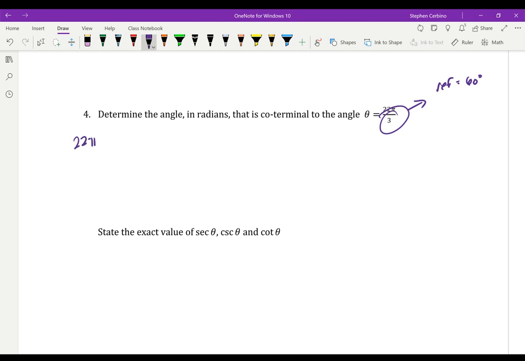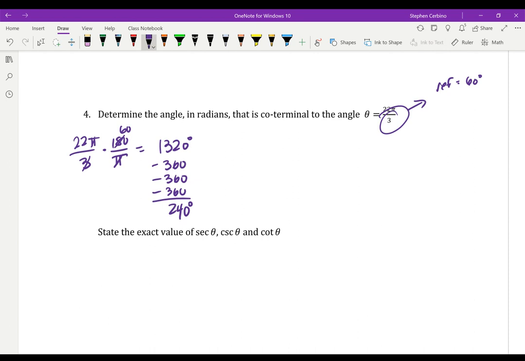But what I would do for this is I'd first convert this. So I'd say 22 pi over 3 times 180 over pi. Cancel that out. Reduce that to 60. Multiply that across and get 1320, only because it's easier to figure out the coterminal angles when it becomes a degree measurement. And start subtracting 360s until you get one that works, and eventually you'll get 240 degrees.